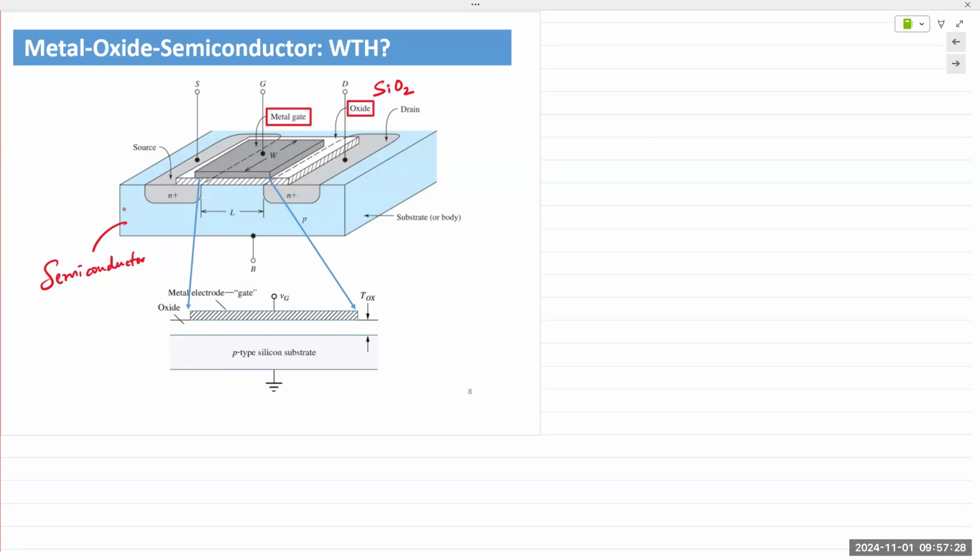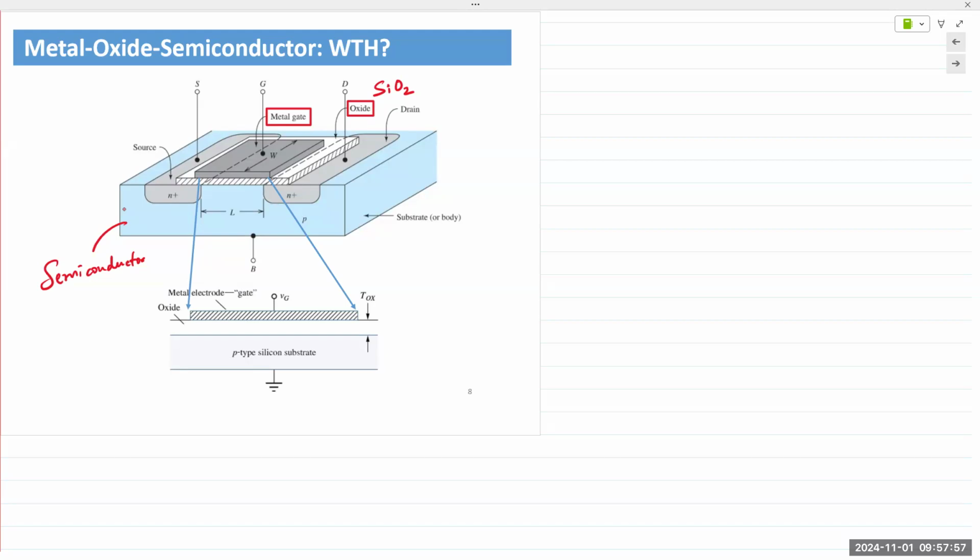The example shown here, the channel does not exist. It has to be created by applying a voltage. Okay, so it does not exist. Okay. In this illustration, we have a P-type substrate and we have N-type implants in there. So it creates an N-type channel or an N channel for short.